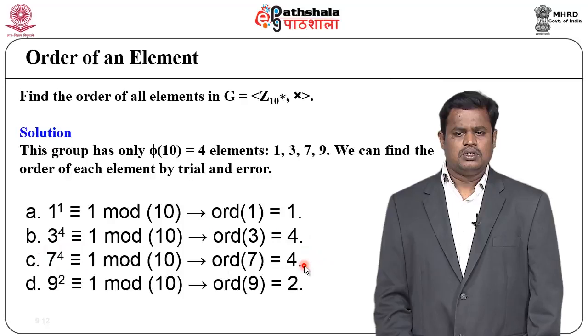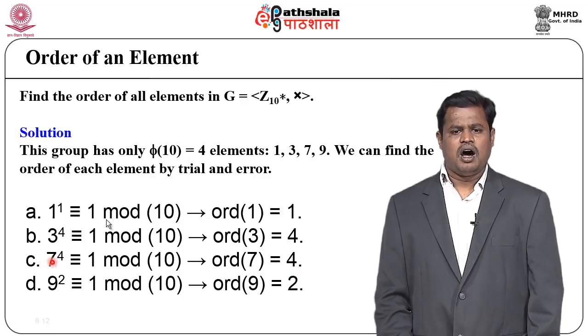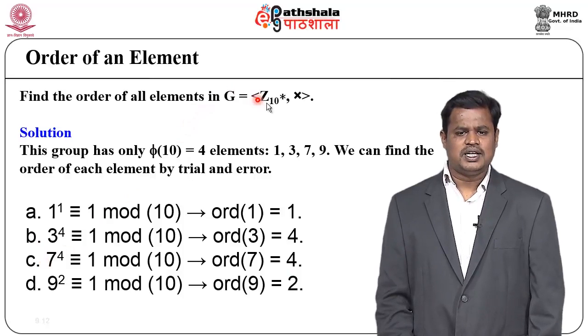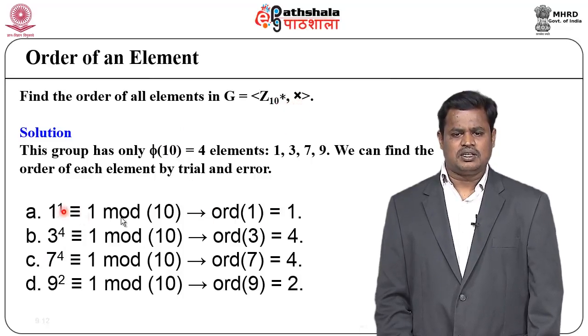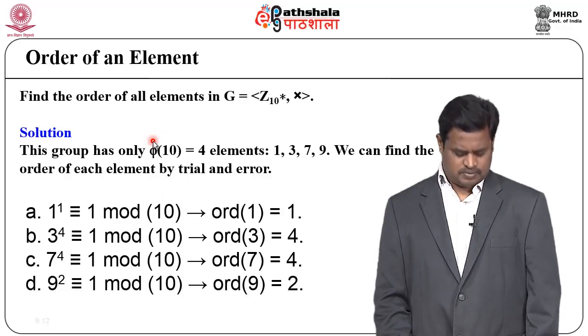So I can say 3 and 7 are primitive elements of group Z10 under multiplication. Whereas 1's order is not equal to the order of the group, so 1 cannot be a primitive element. Similarly, 9 does not have order 4, so we can't say it is a primitive element.